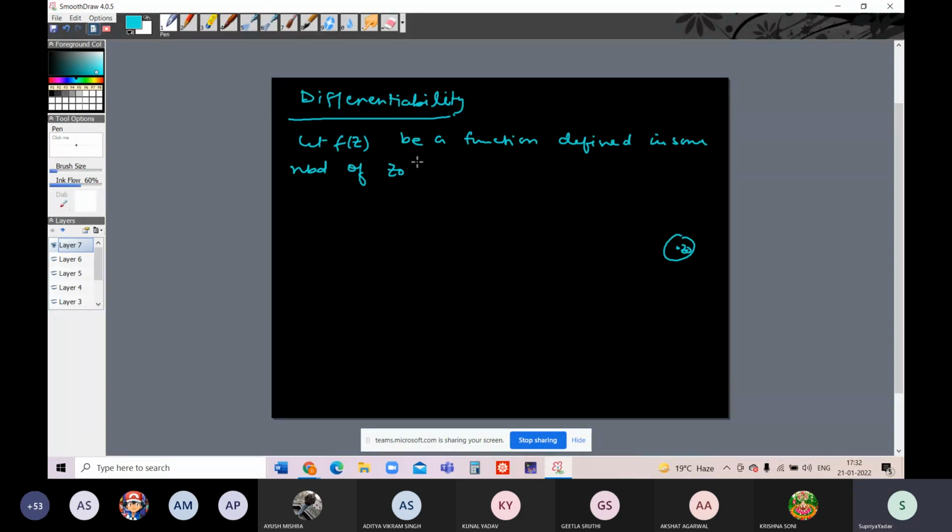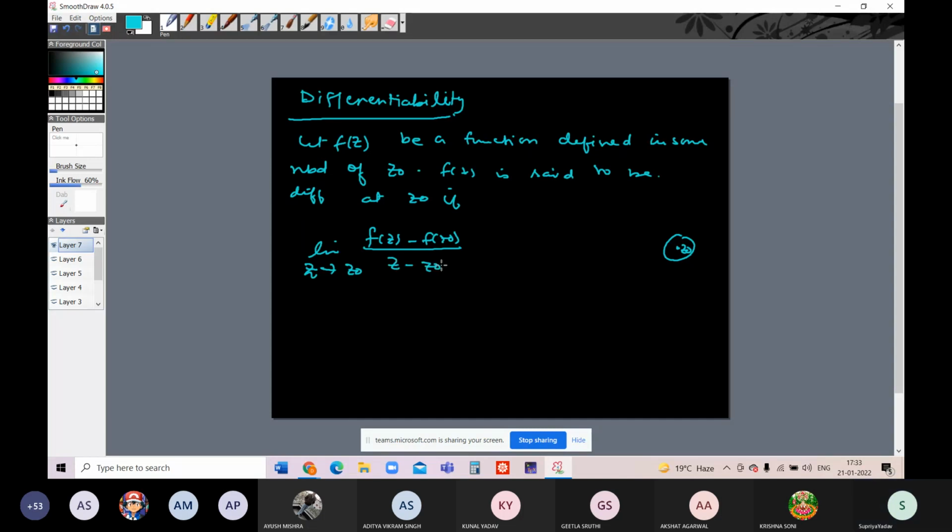Okay, so function f(z) is said to be differentiable at z0 if the limit as z tends to z0 of (f(z) minus f(z0)) upon (z minus z0) exists and is finite.